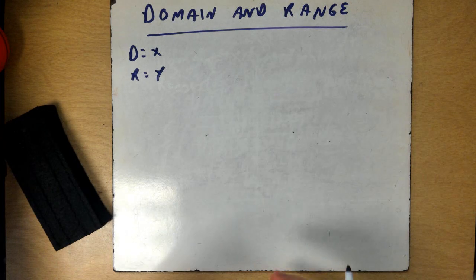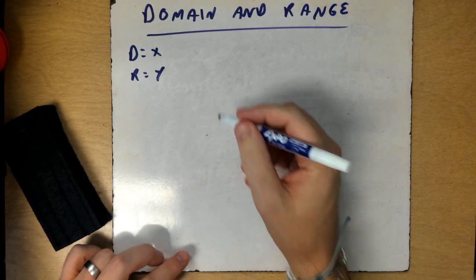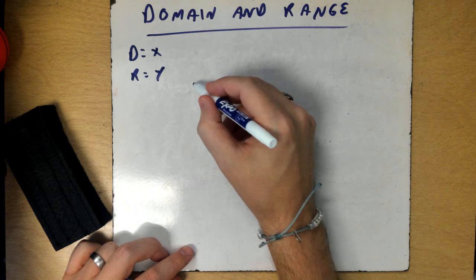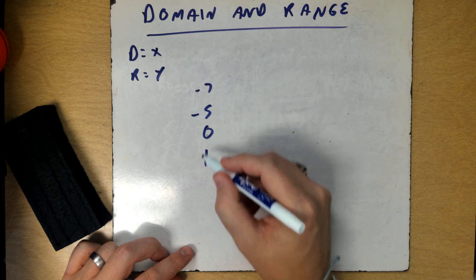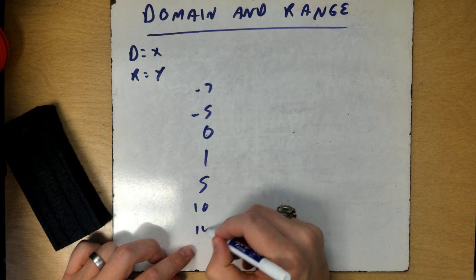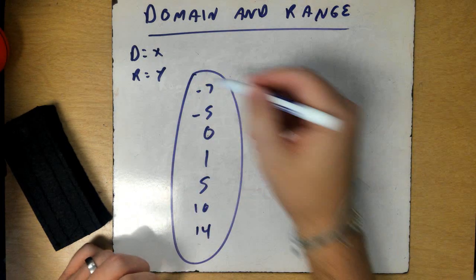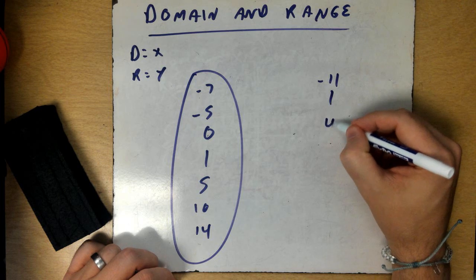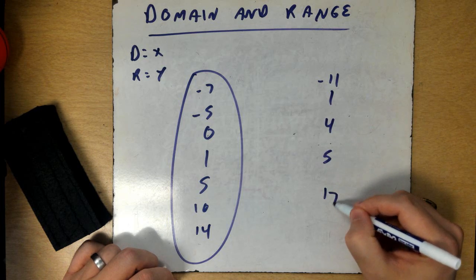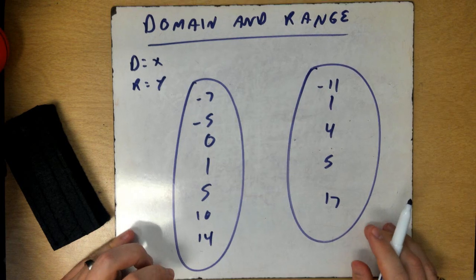Sometimes I may give you two sets where they'll be like, we have -7, -5, 0, 1, 5, 10, 14, and then another one over here that'll be -11, 1, 4, 5, 17. So let's draw some arrows.